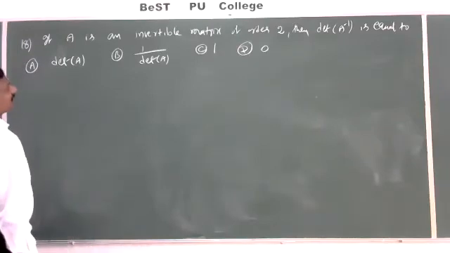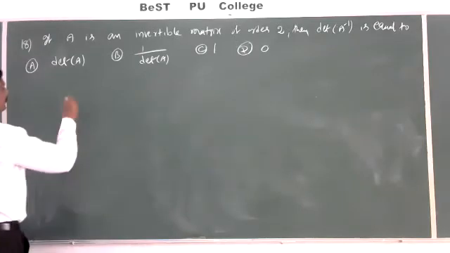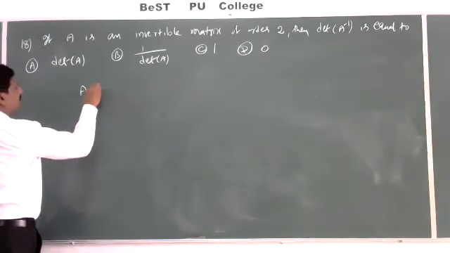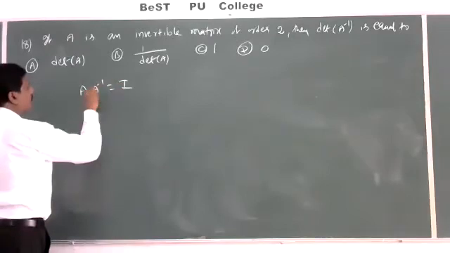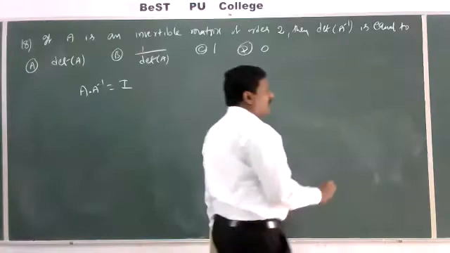Here A is an invertible matrix of order 2, then that A inverse. A is an invertible matrix means A into A inverse equal to I. Already we have the definition.